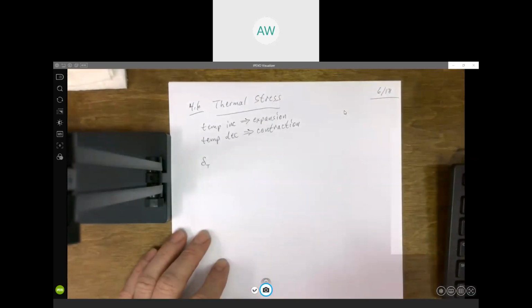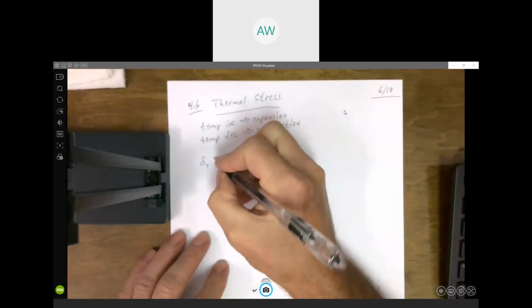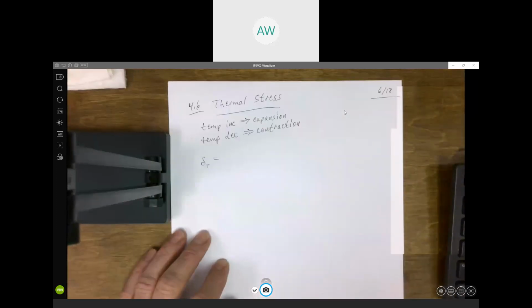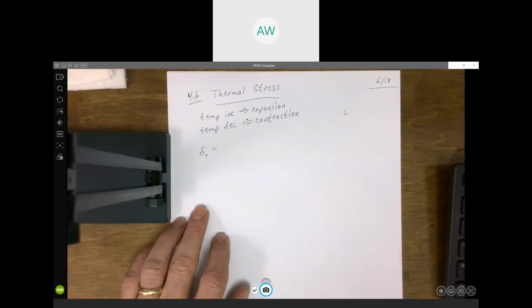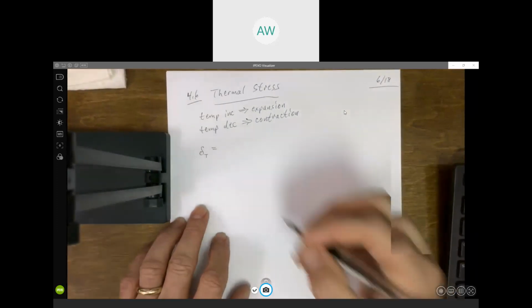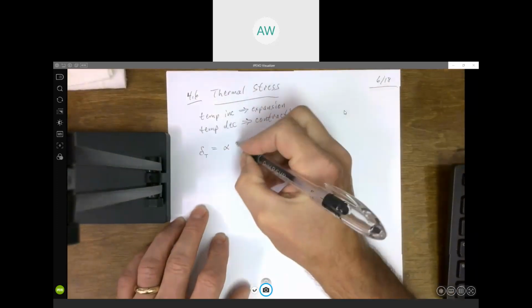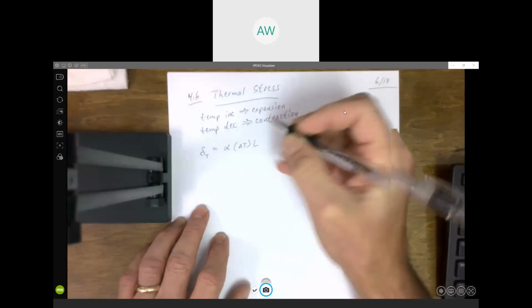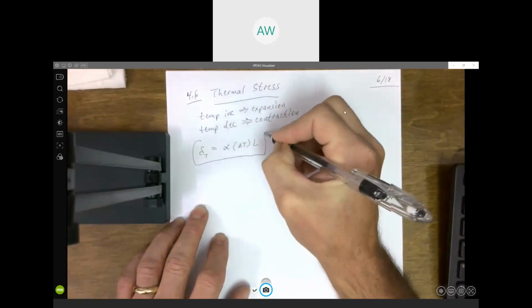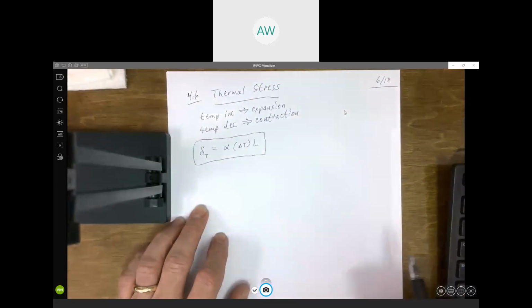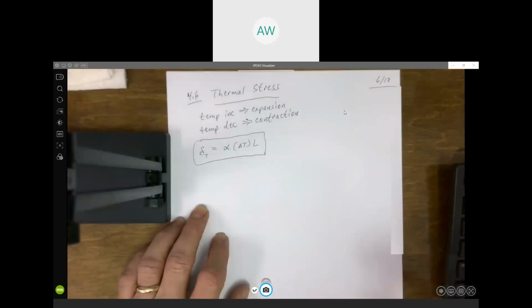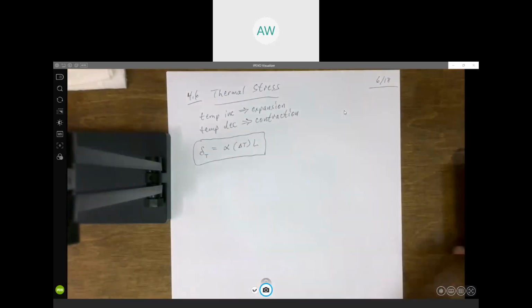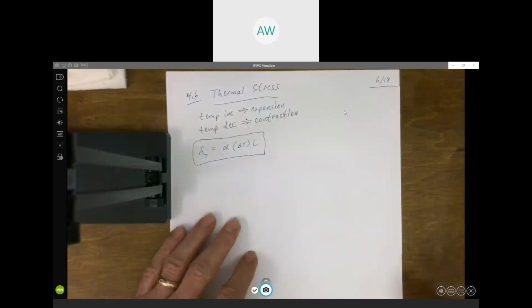So same notation, using delta to denote the change in length, but the little subscript T there, just indicating this is due to temperature change, is alpha times delta T times L. So this is our new formula we're going to use here in this section.